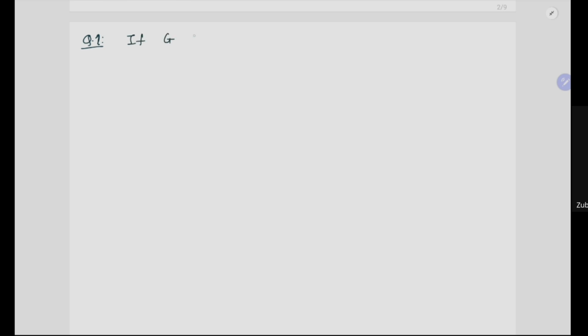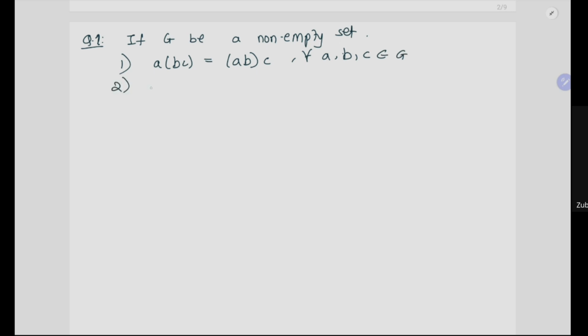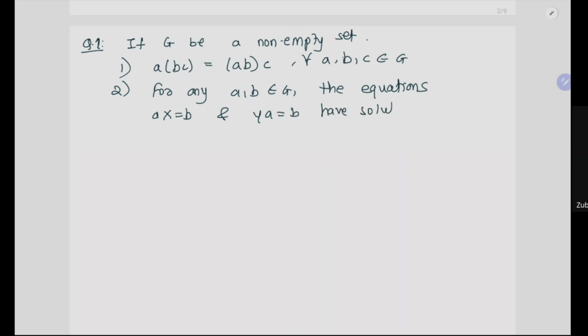If G is a non-empty set, and we satisfy the property that (ab)c is equal to a(bc) for all a, b, c in G, and for any a, b in G, the equations ax is equal to b and ya is equal to b have solutions in G, then what can we say about this G?